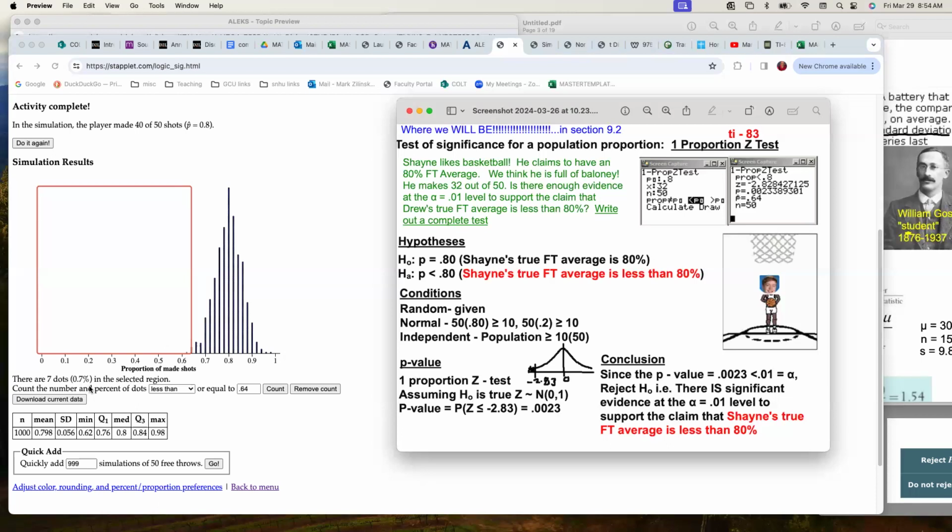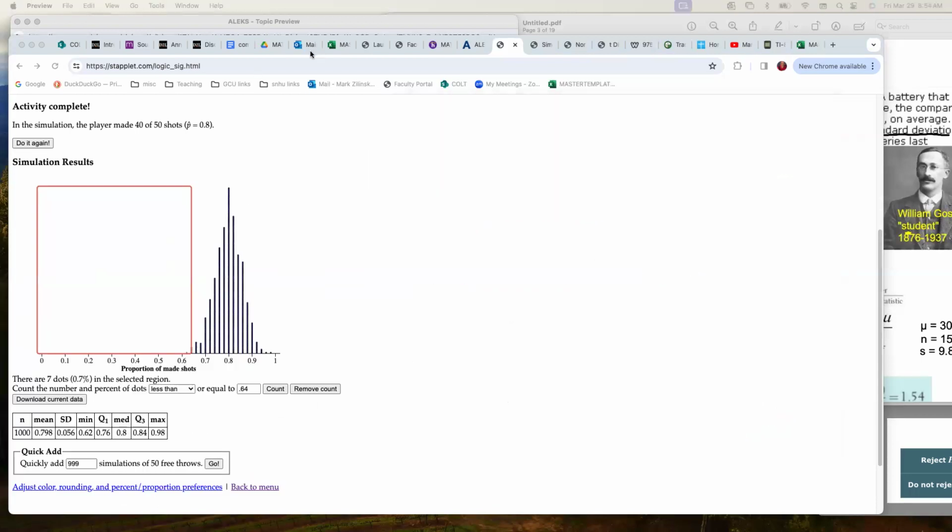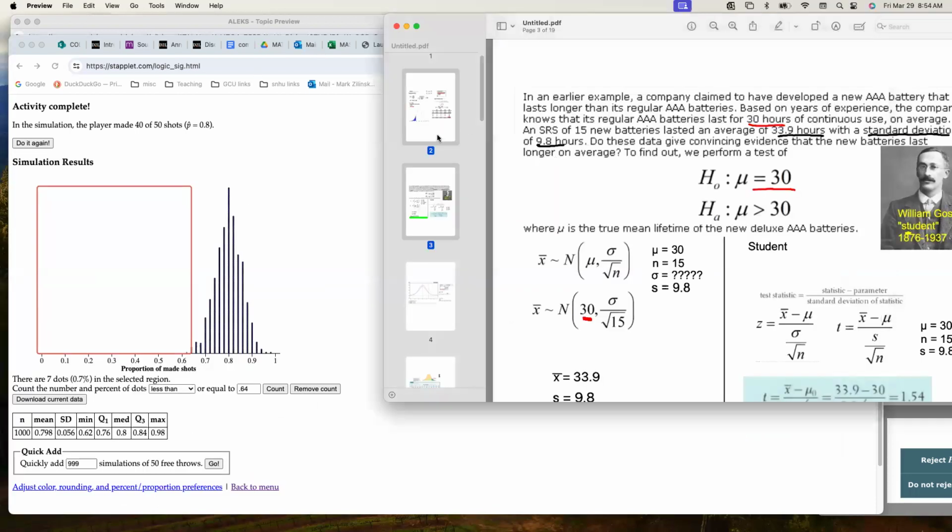Okay. So all of this set up this scenario.